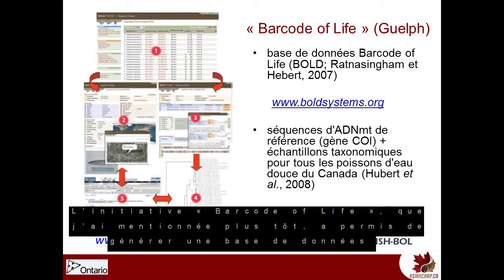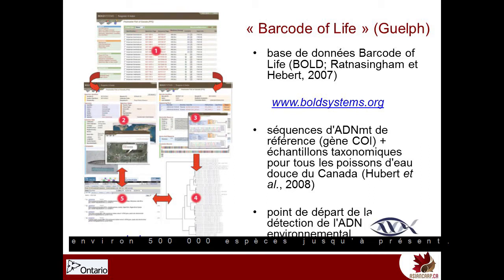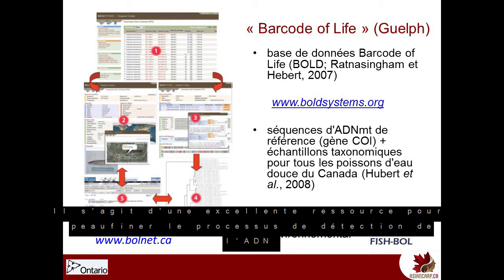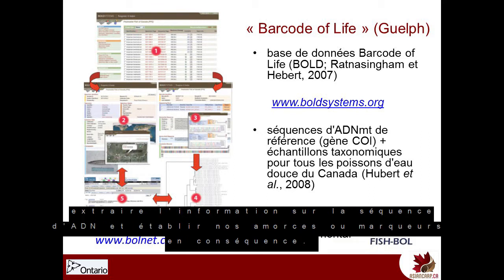So as I mentioned, there's this Barcode of Life global effort. One of the products from this has been a global database. With this, they've cataloged sequences for this particular gene for about 500,000 species living today so far. And it's a wonderful resource for developing environmental DNA detection, because you can go to that database, look for the species you're interested in, extract the sequence information, and design your primers or markers from that.